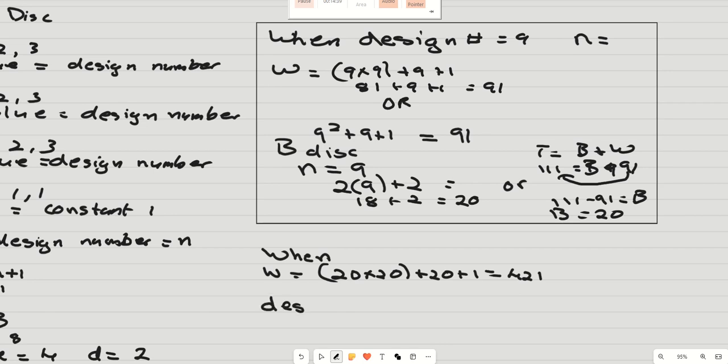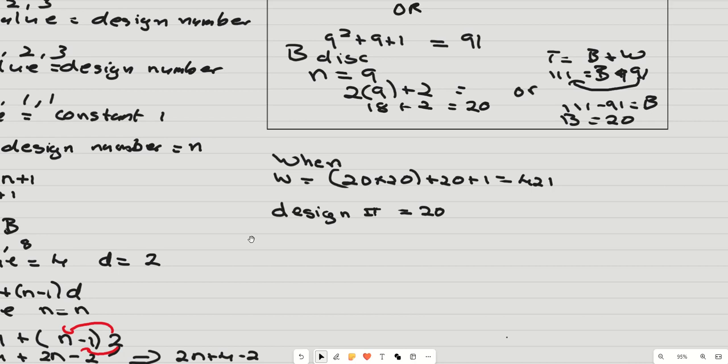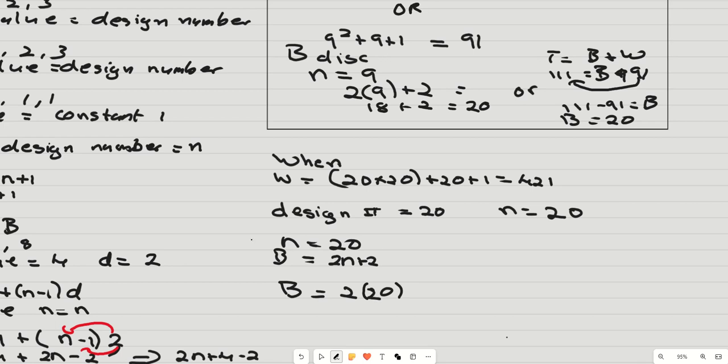So therefore, my design number is equal to 20. Now that you know that, we can find out. So when you say design number is 20, that means n is equal to 20. We know the formula for black disc is 2n plus 2. So when n is equal to 20, your black disc would be 2 by 20 plus 2, which is 40 plus 2, which is equal to 42.